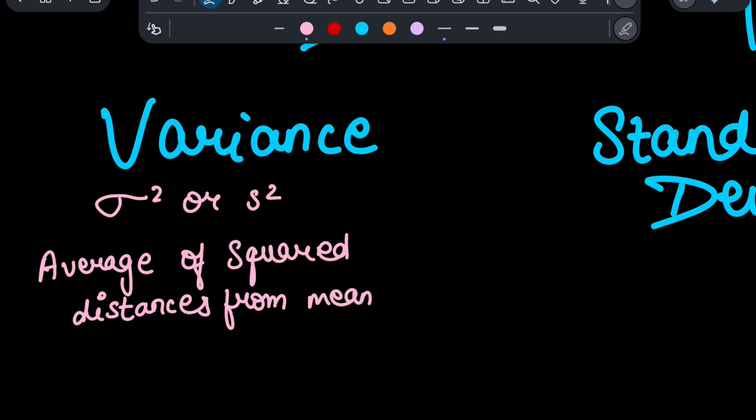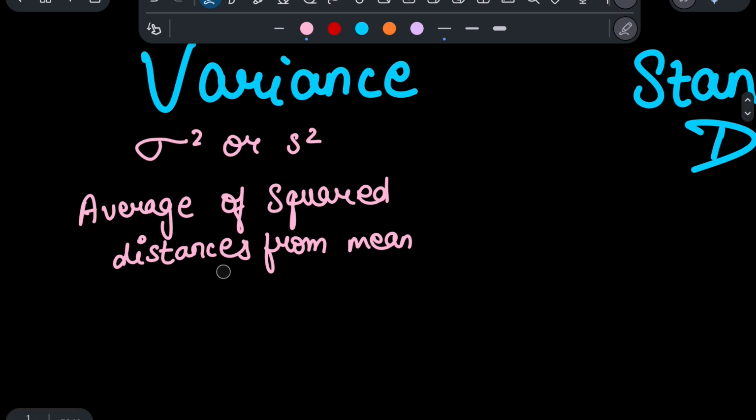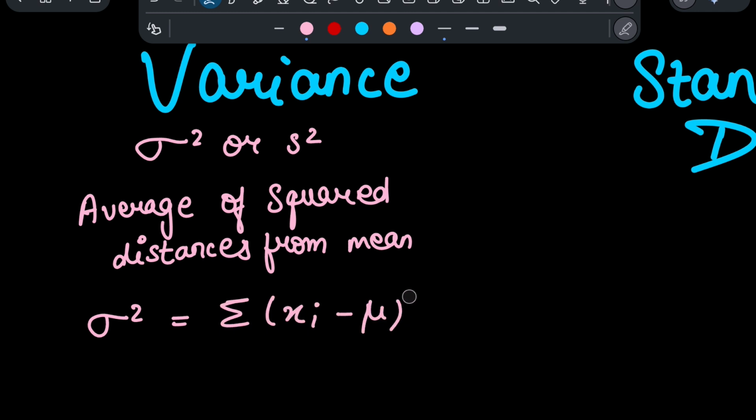Talking about the formula, we denote the variance of the population with sigma square. The formula is the summation of (xi minus mu) whole square, divided by capital N, where xi is the data point and mu is the mean.